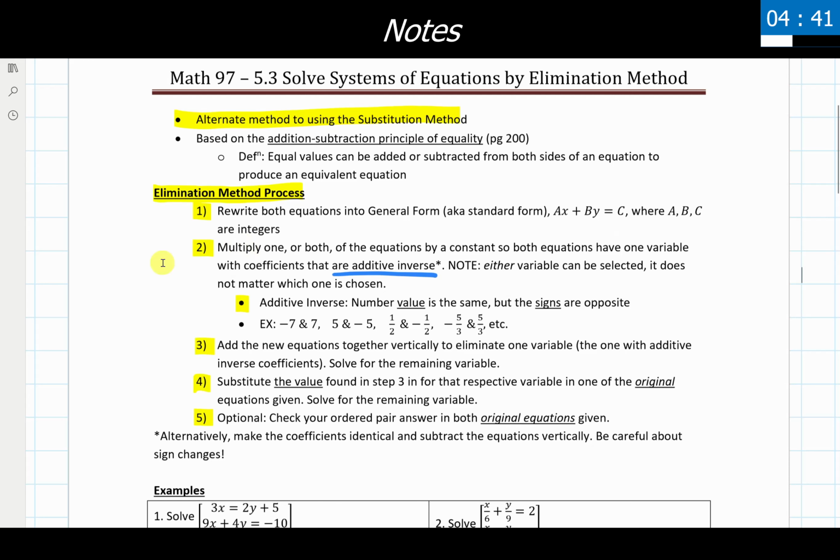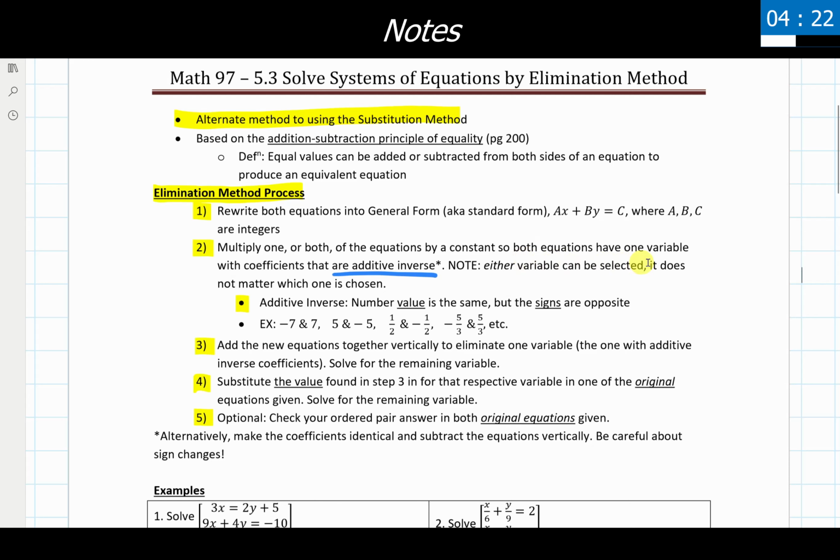The next thing that we're going to do, and this is one that's going to sound weird until we actually go through and see it live with an example problem, we are going to multiply one or both of the equations by a constant value, meaning every single term is going to multiply by something.